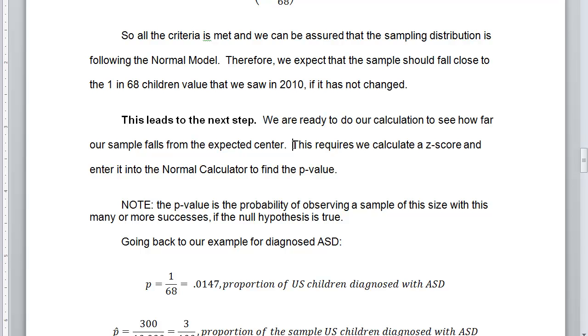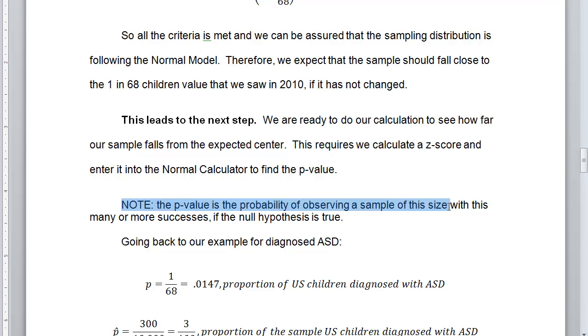But it does require that we calculate a z-score and enter it into a normal calculator to find the p-value. So I'm going to work through that process. Note, the p-value is the probability of observing a sample of this size. Remember, as size increases, variation gets smaller, so the size of the sample is affecting things.